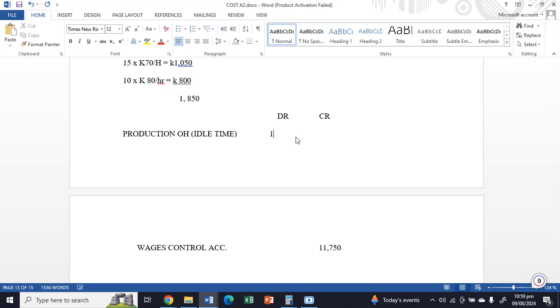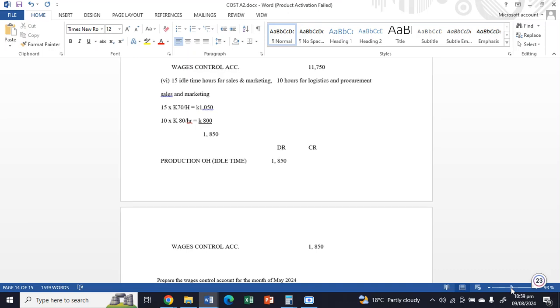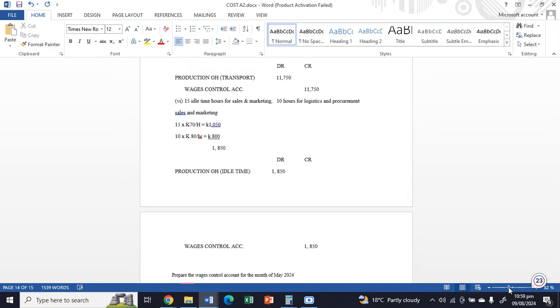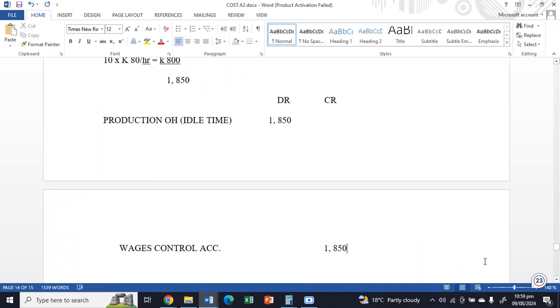So now we can tabulate the total. When I send this document, I'll put in the T account for the wages control account. Here, what we can do is get the total of how much must be paid.